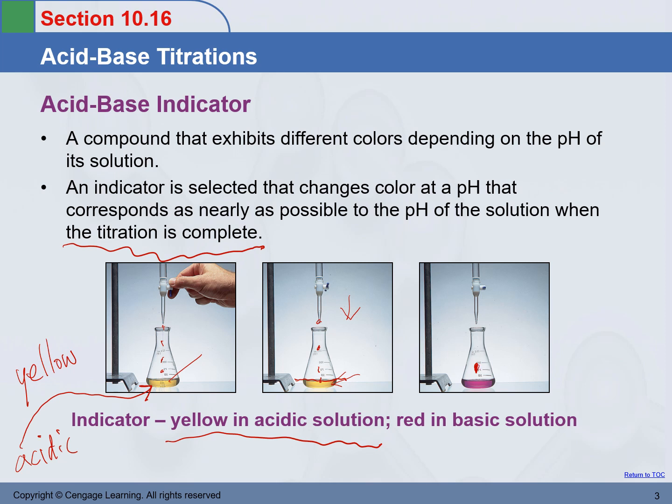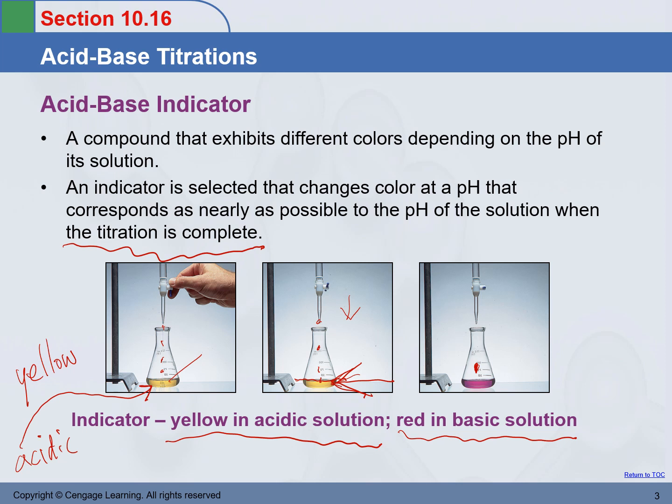One more drop into the solution will make the solution basic, because when the reaction is complete, it is neutral. One more drop of the base will make the solution basic. This indicator under basic condition is red. So the solution will turn red. Once you see the solution turn red, you stop the stopper. Does that make sense to you?